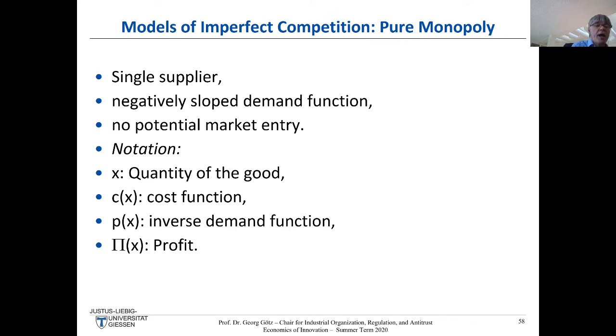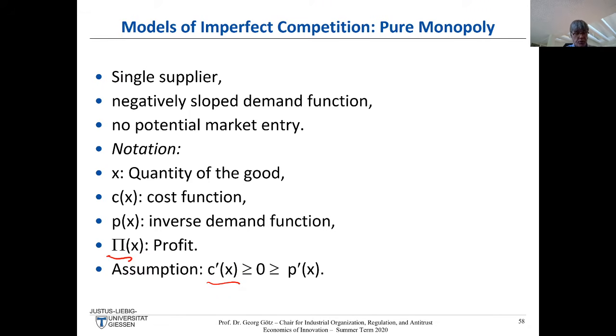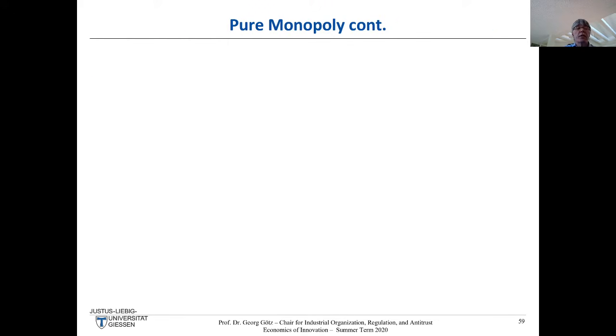The capital pi, the Greek letter, denotes the profit of the company. And we assume that marginal costs are non-negative, so positive or zero, if you think of software, for instance, and that demand is negatively inclined. So if you want to sell more, you have to reduce the prices. Okay, that's for the start.